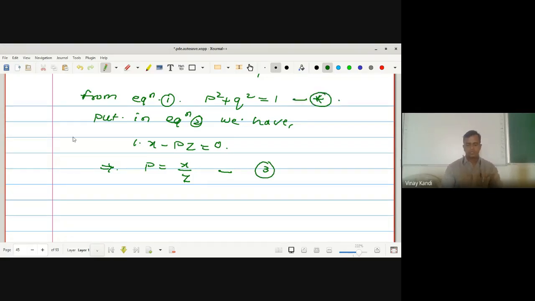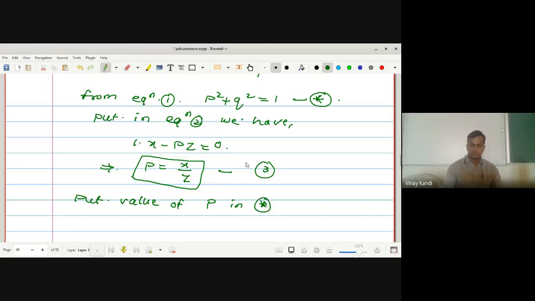Now put the value of p in the star equation.